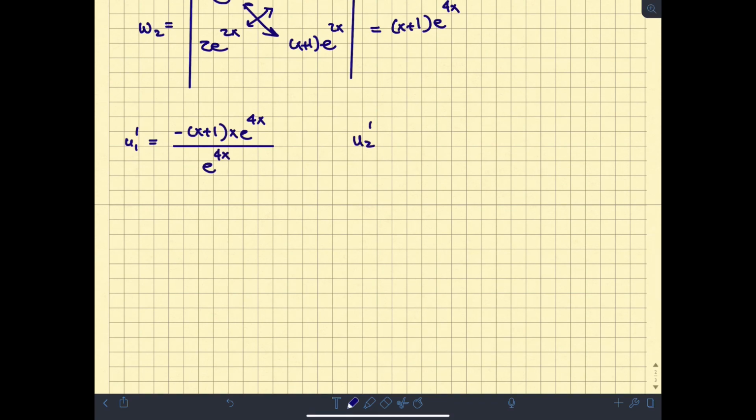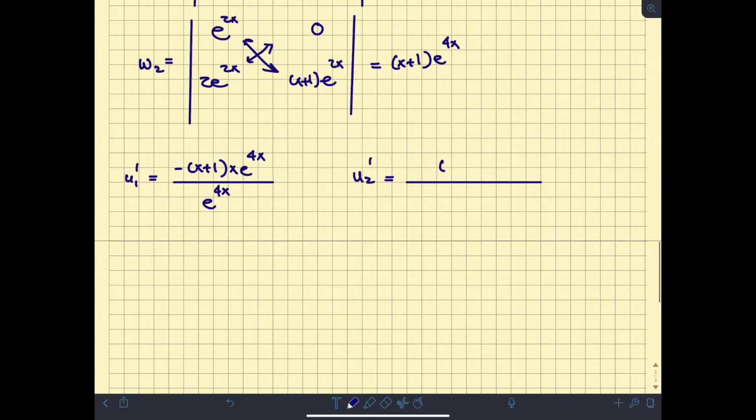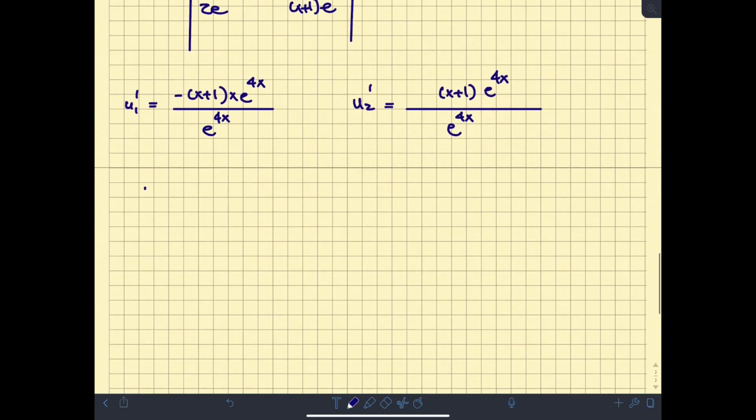And my u2 prime will be my W2, which is x plus 1 e to the 4x, divided by my Wronskian, which is e to the 4x. Now, my u1 prime, if you do the math, reduces to minus x times x plus 1. And my u2 prime simply reduces to x plus 1.